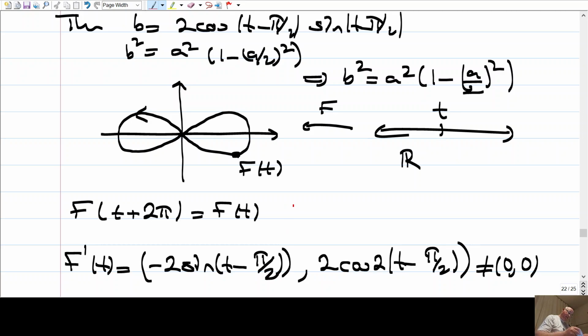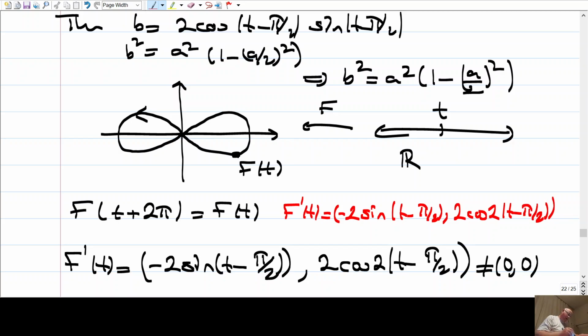So f tilde of t is minus 2 times sine of (t minus pi over 2), and then 2 times cosine of (2 times t minus pi over 2), and this is never 0. Therefore f is an immersion. The derivative is never 0. So it's from a 1 dimensional space into a 2 dimensional space, and it has full rank. Therefore f is an immersion.